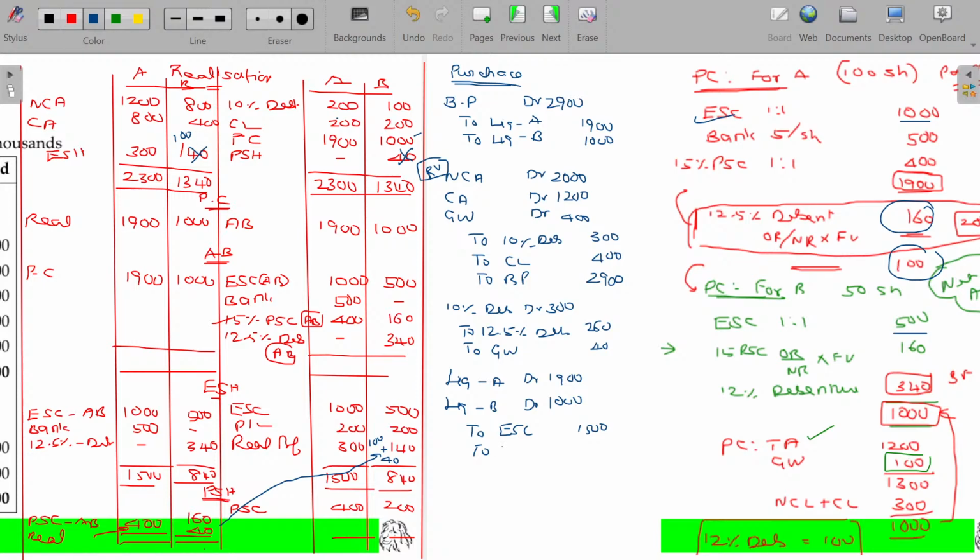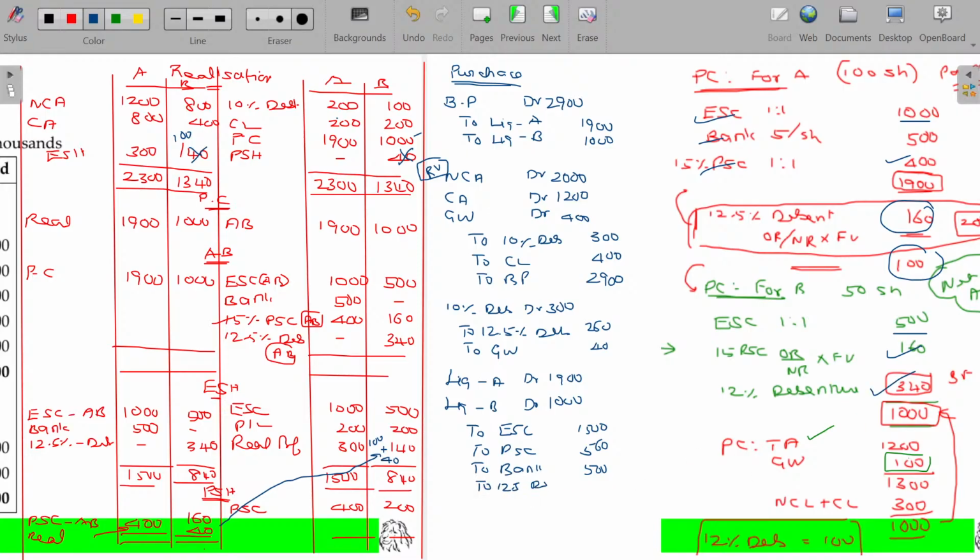Apart from that, preference share capital is also offered, which is 400, and here we have 160, so 560. Apart from that, a portion bank payment is also made, which is around 500 rupees, and debenture is also offered.